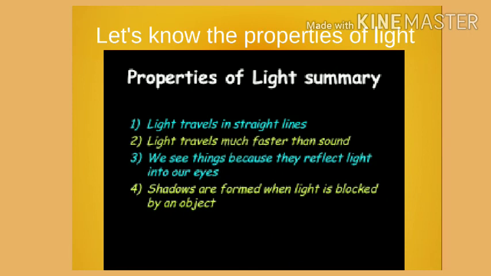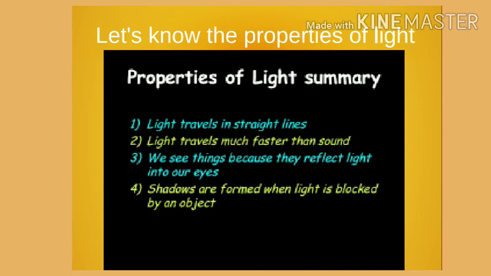Light travels in a straight line. Light travels much faster than sound. We see things because they reflect light into our eyes. Shadows are formed when light is blocked by an object. So these are the properties of light.